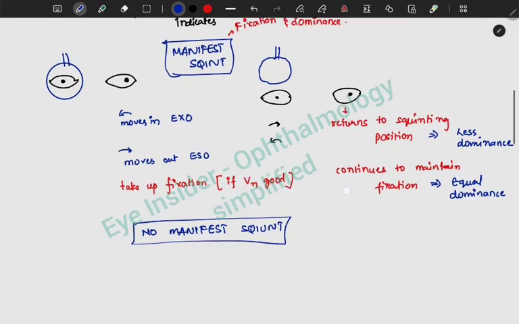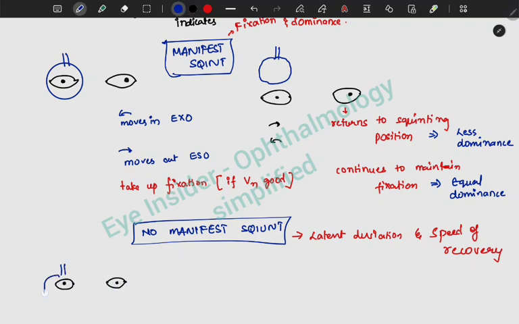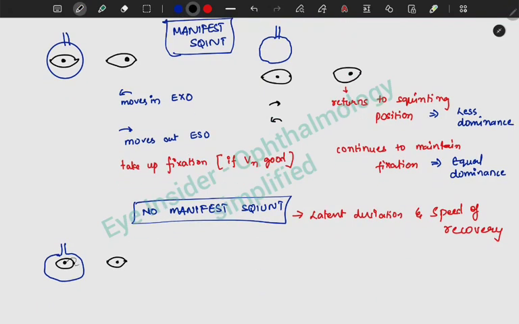When we are doing this in a normal patient who has no manifest squint, it will reveal if the patient is having latent deviation, that is phoria, and the speed of recovery of the phoria. So we will cover either eye, and if that eye is having any kind of phoria behind the cover, it will go into that position of whatever phoria it is having.